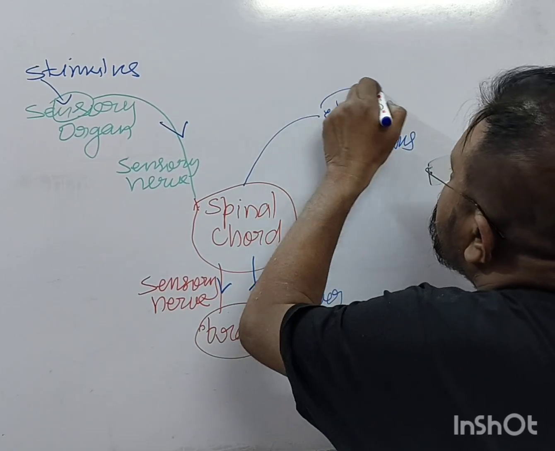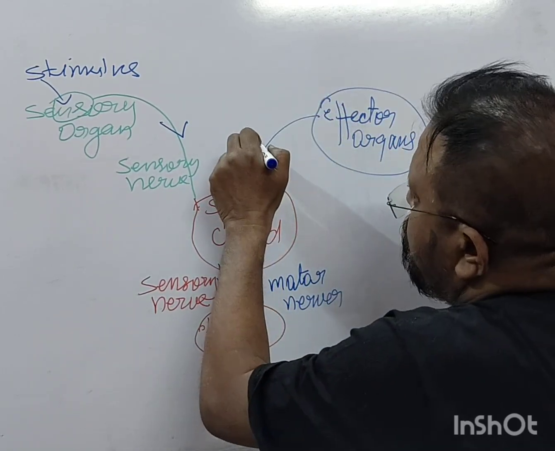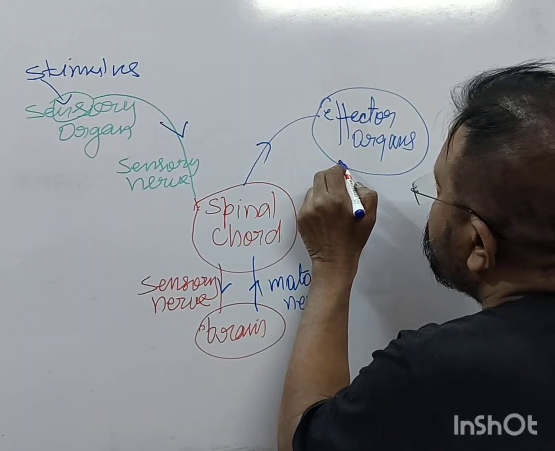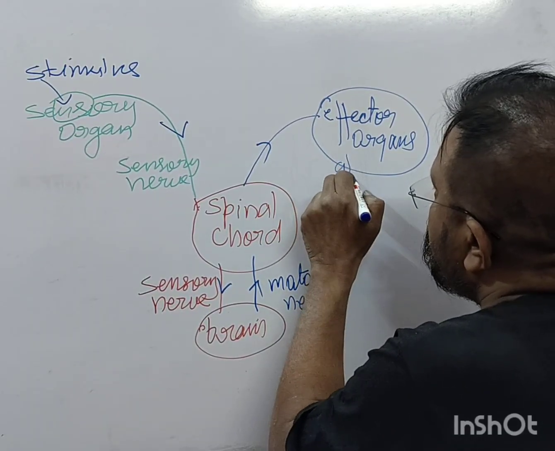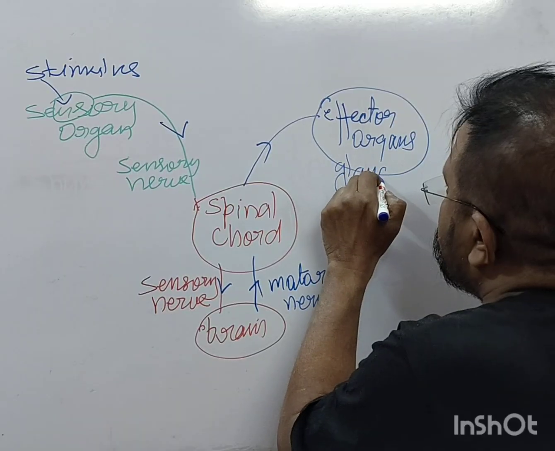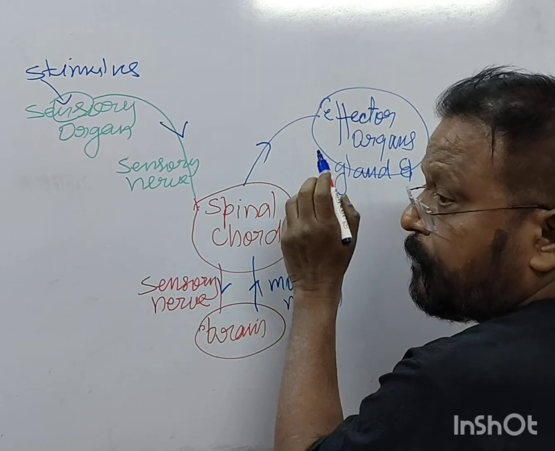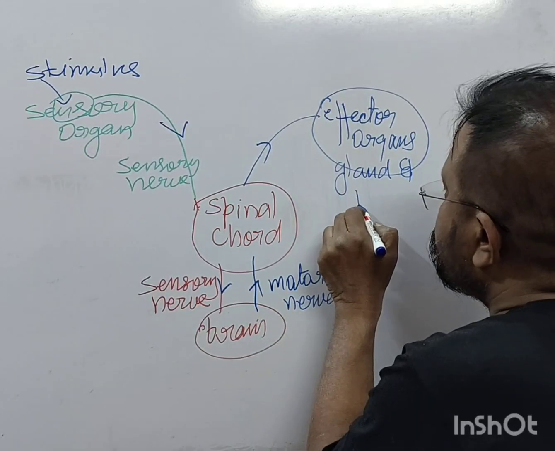Effector organs like glands and muscles.